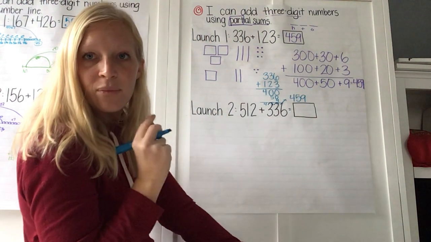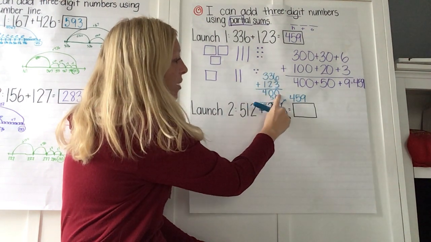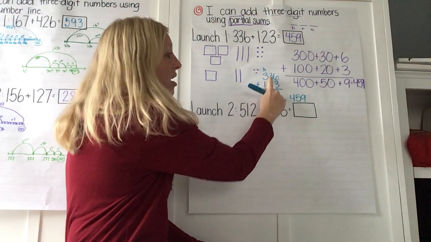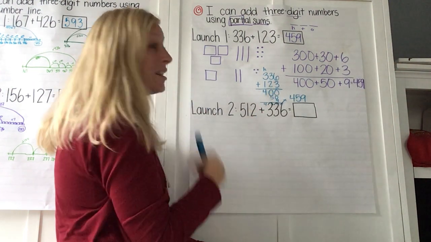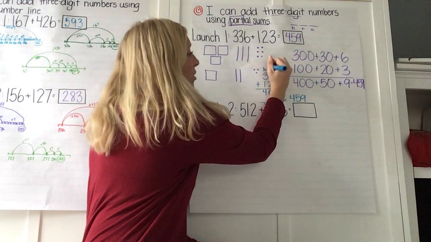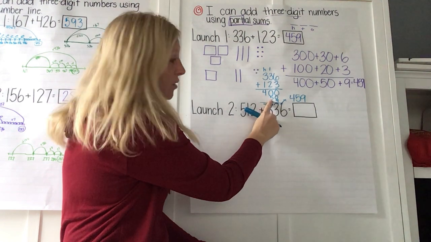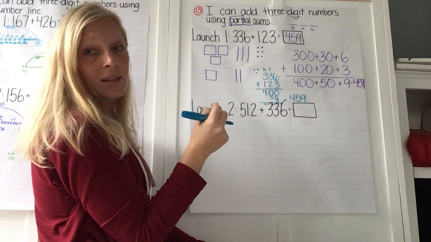Now, how did we add that up? We did our hundreds and we filled that place. So we need to have our 4 in the hundreds place, a 0 in the tens place, a 0 in the ones place. When we did our 50, we knew that was 3 tens and 2 tens, which is 5 tens, which is 50. So we have our 5 in the tens place, our 0 in the ones place.